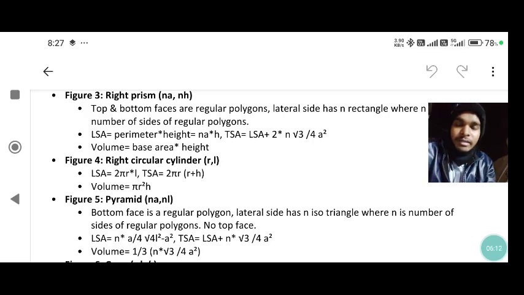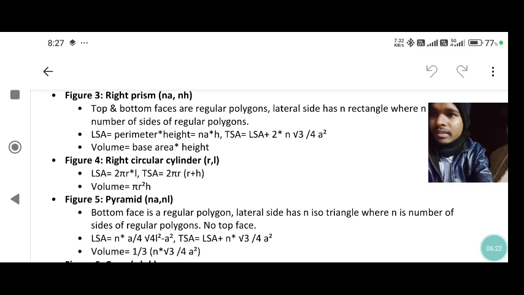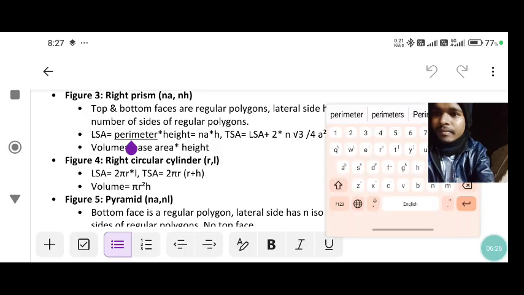So it is like half into base into height, where the base is the complete perimeter. Perimeter into height is the lateral surface area.